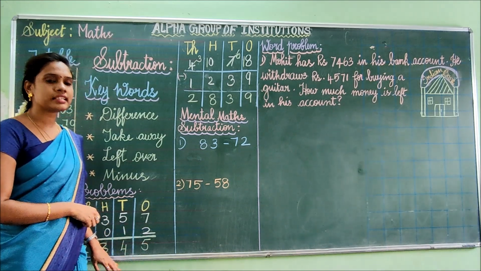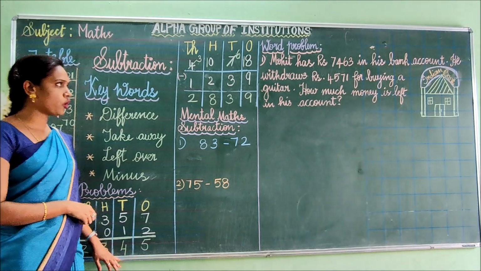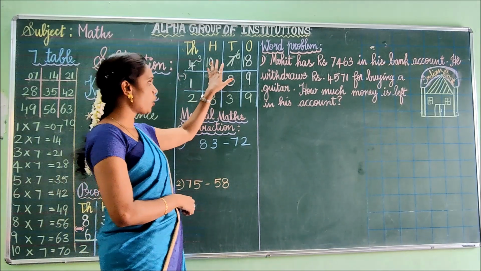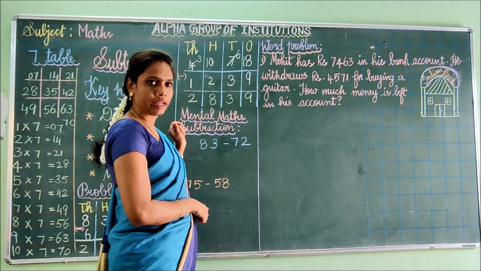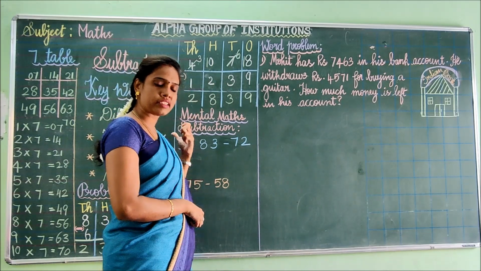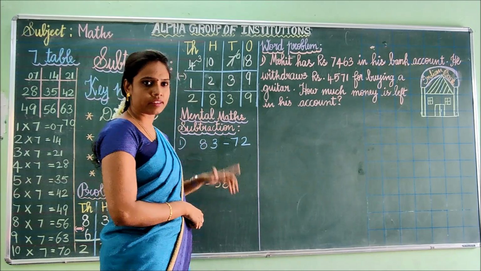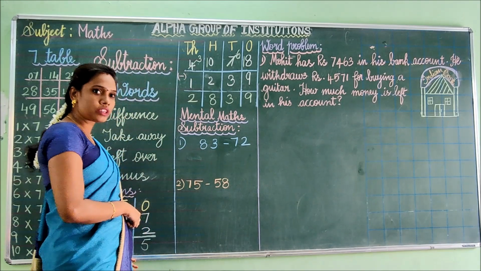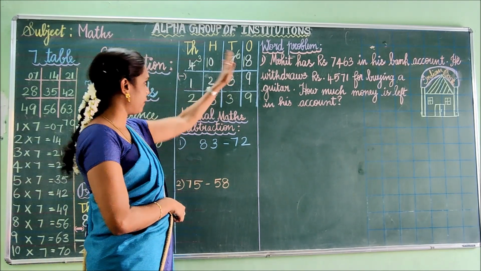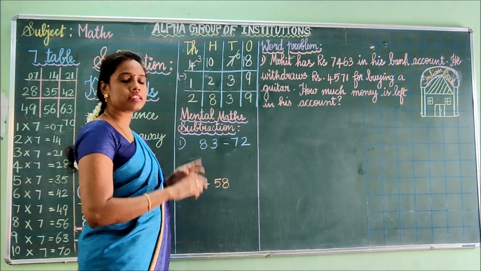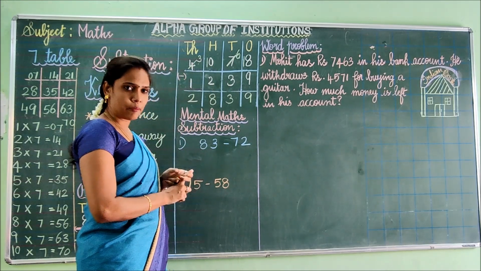So this is subtraction without borrowing, and here we have borrowed some numbers. This is subtraction with borrowing, grouping and regrouping. This is subtraction without regrouping, and this is subtraction with regrouping. We have regrouped some numbers. These are the 2 types of subtraction.